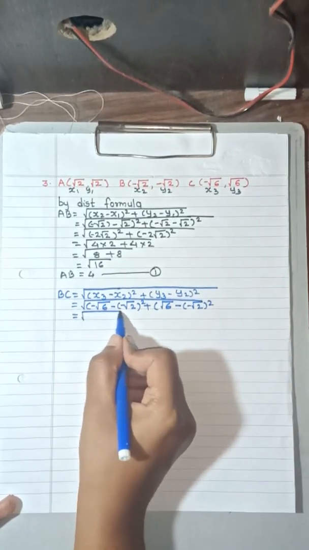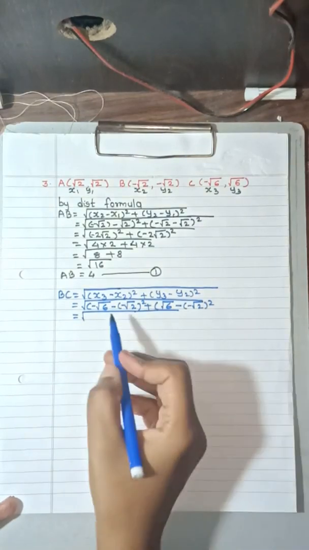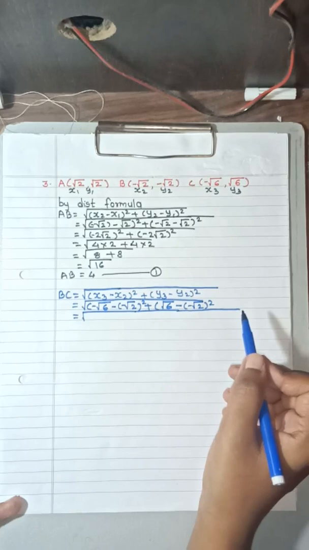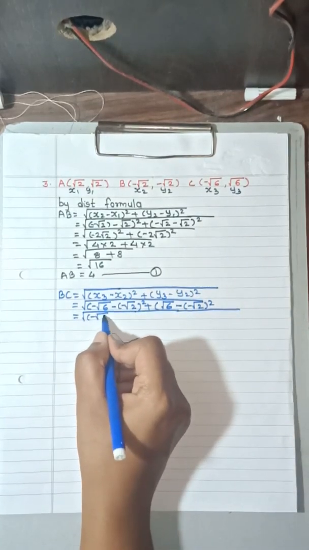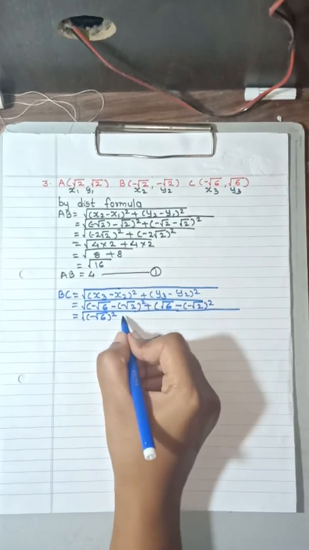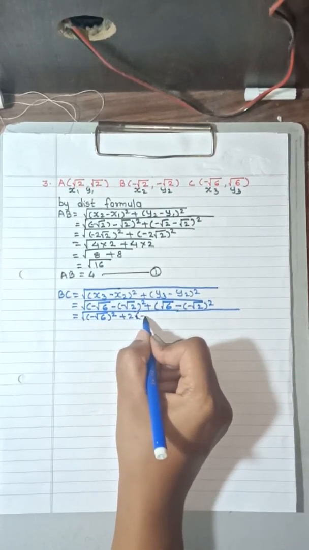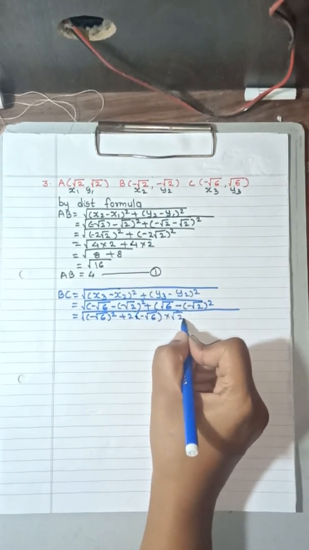That will be equal to, now we are going to put the formula over here, that is (a minus b) square. Okay, so what is it? That is minus under root of 6 square plus 2 into minus root 6 into root 2.